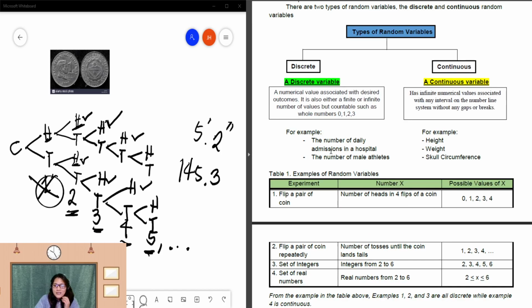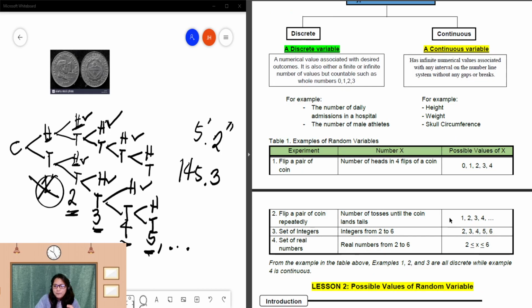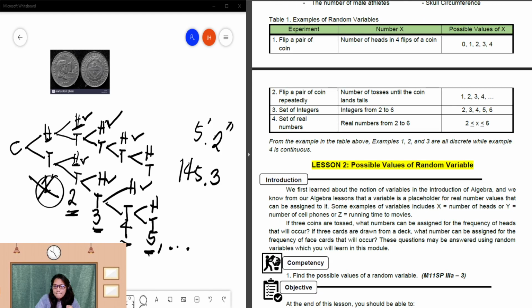So, from our activity, as you can see here, for example, we already answered this one. In the table above, examples 1, 2, and 3 are discrete because they are specific and whole numbers, while number 4 is continuous.